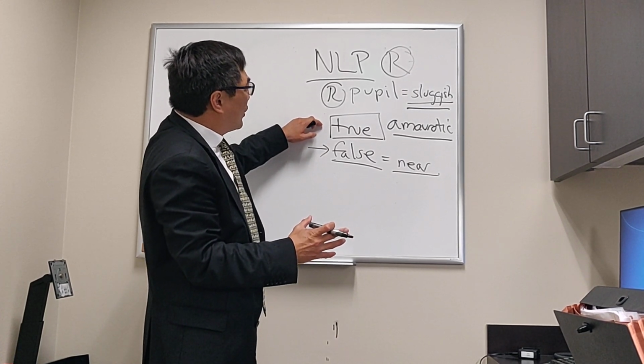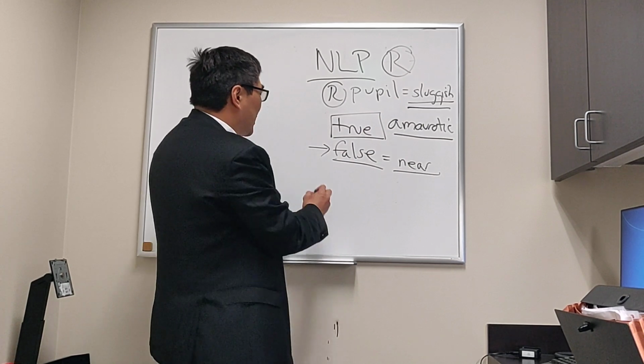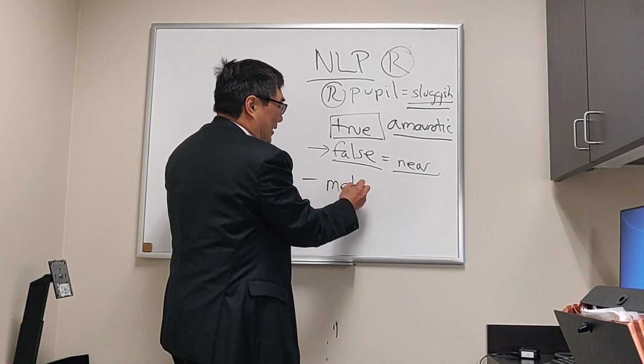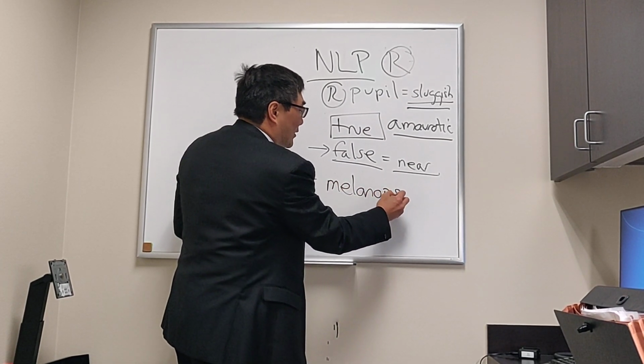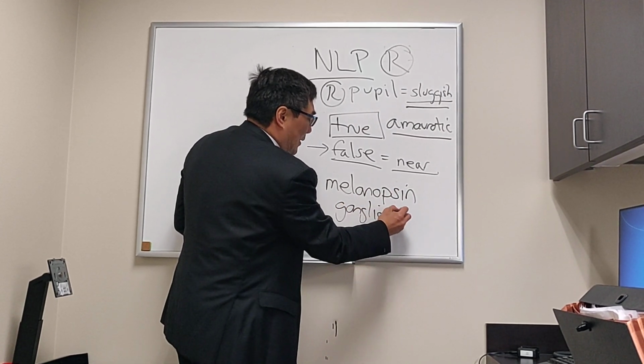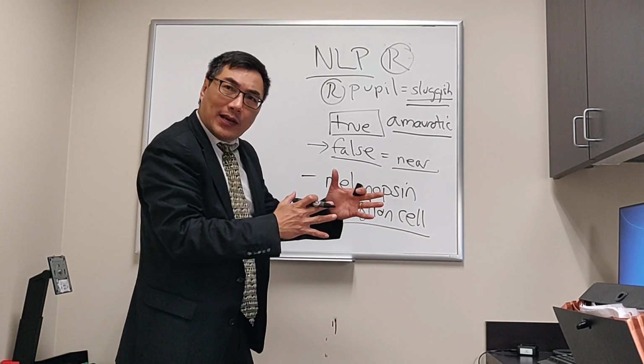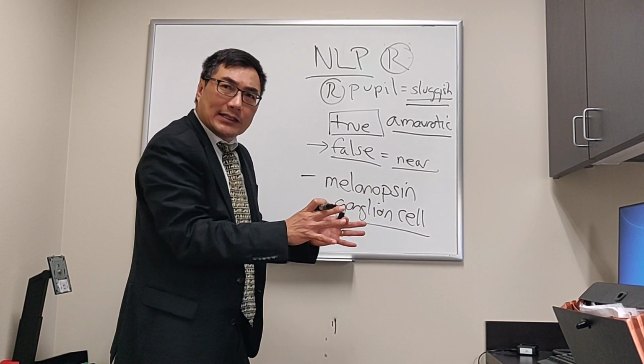However, you can have a true no light perception vision and the pupil is sluggish because there's this other ganglion cell, and it's called the melanopsin ganglion cell. You need to know about this melanopsin ganglion cell because it doesn't carry the visual fiber like the other retinal ganglion cell.